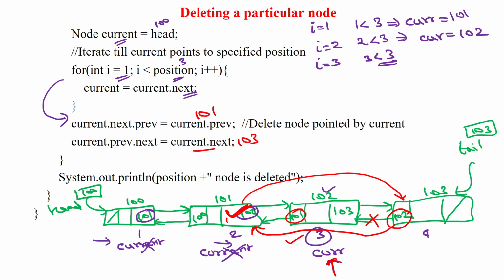So this is updated with 103. So this link is also broken. So this link is established, so automatically the node number 3 is deleted from the list. So this is the way to delete the node at a particular position of a doubly linked list.